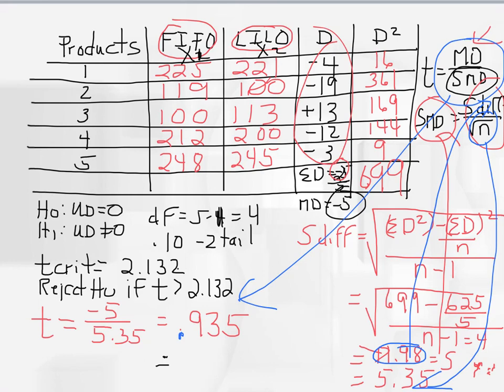Our critical t-value is 2.132. Well, this is actually a minus, but it doesn't matter. We have to be greater than 2.132, and we are not. 0.935 is not greater, so we do not reject the null hypothesis.